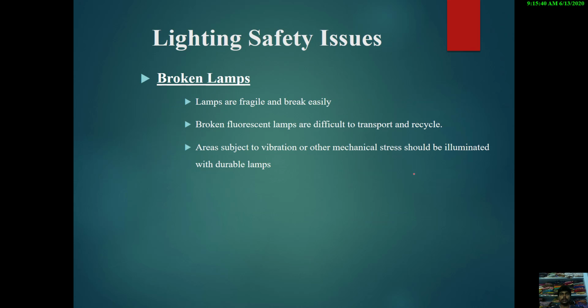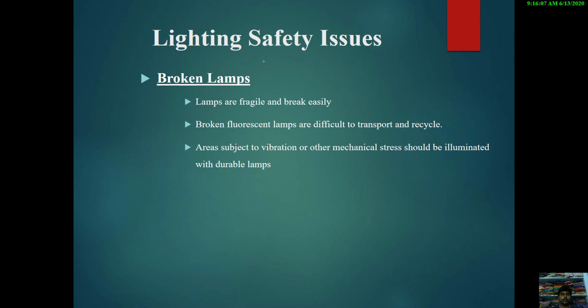So we have to consider such safety issues also. There are some chemical based lighting systems and fixtures available. So we have to dispose of such fixtures, lights or lamps after usage. We have to dispose of such chemicals in the proper way with reduced cost. So we have to choose the lighting system or lamp accordingly.